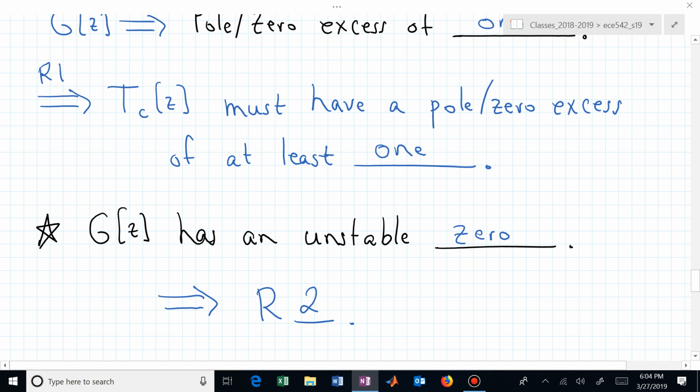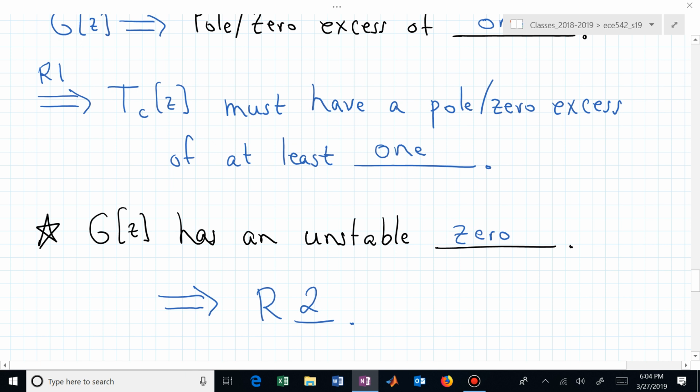Restriction 1 says I have to have a pole 0 excess of at least 1 in T sub C of Z. Restriction 2, does that deal with anything in T sub C of Z?